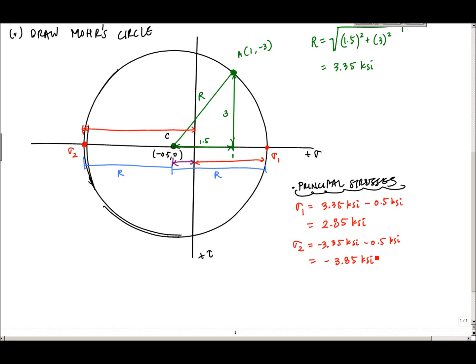Yes. Okay. Minus 3.85 KSI. That looks good. So my major and minor principal stresses are 2.85 and minus 3.85 KSI.